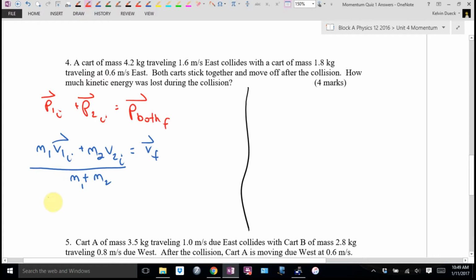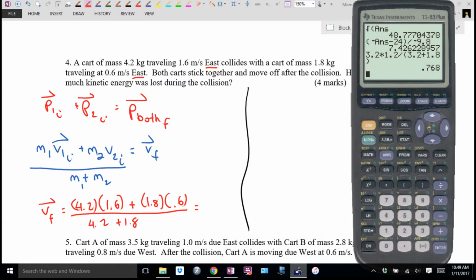So the final velocity is going to be 4.2 times 1.6 plus 1.8 times 0.6. Both are east, so I'll let them both be positive, divided by 4.2 plus 1.8.